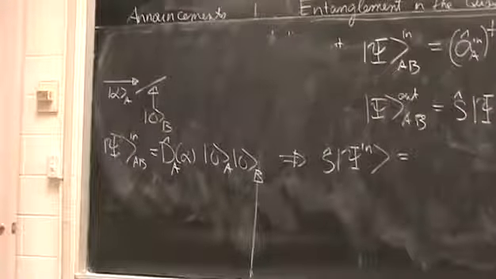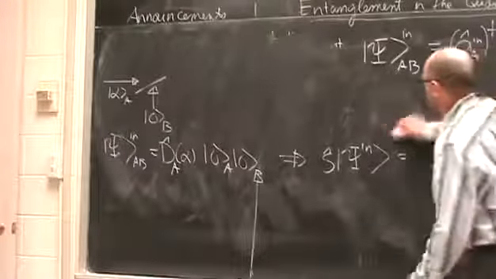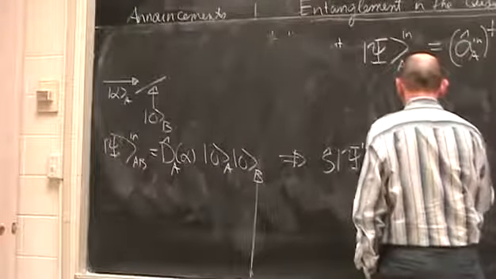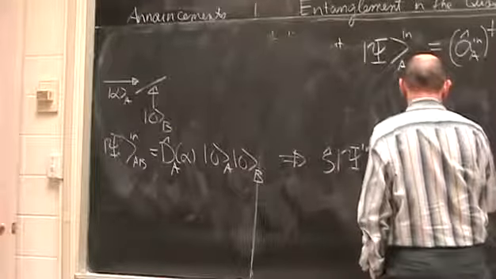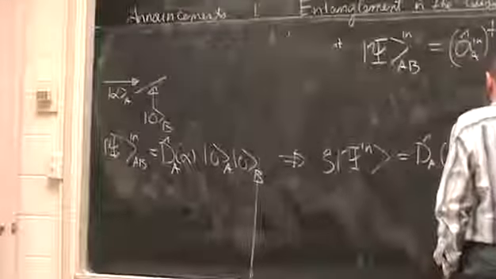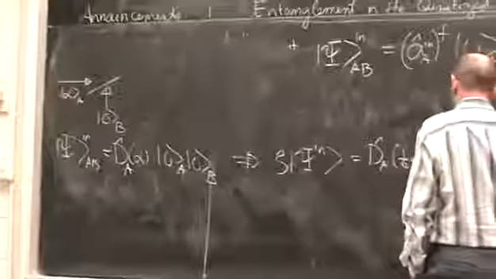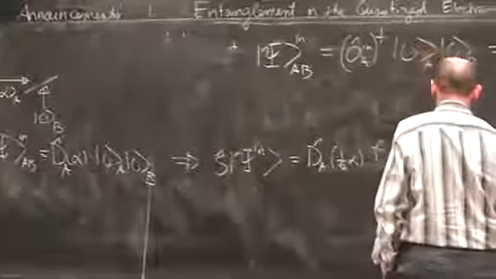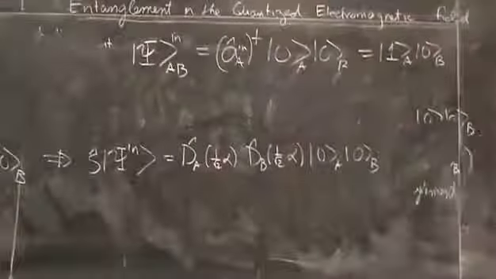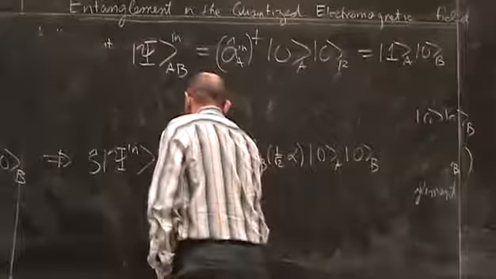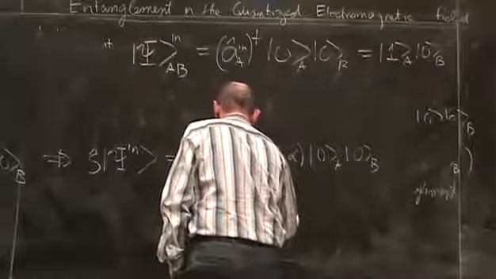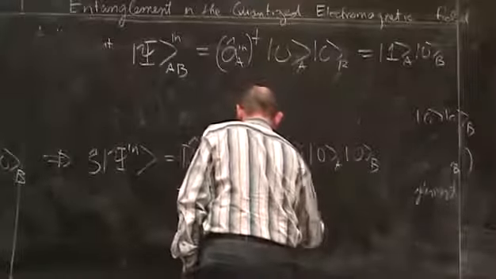In fact, what you get is equal to the displacement on mode A, 1 over the square root of 2, alpha, and the displacement on mode B, 1 over the square root of 2, alpha. And this is equal to the product state with half the intensity transmitted and half of the intensity reflected.